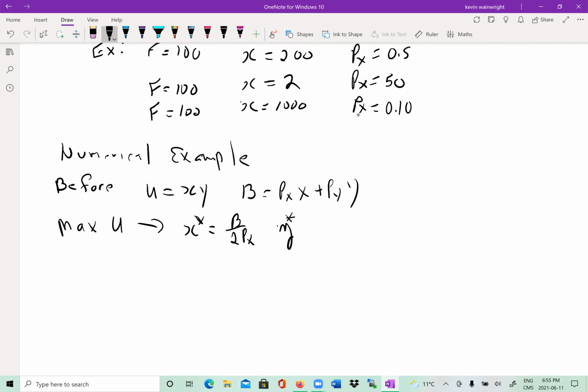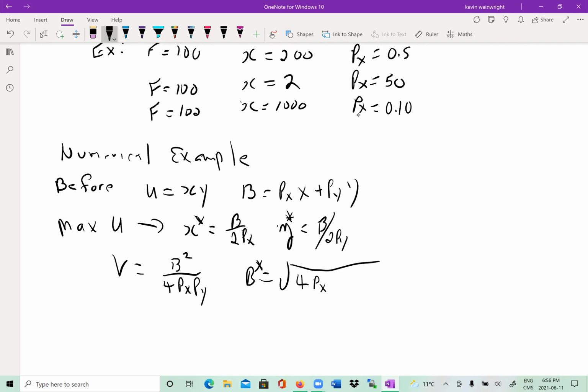Y star is equal to B over 2PY. The indirect utility was given by B squared over 4 PX PY. And the expenditure function B star was given by the square root of 4 PX PY V. Okay.